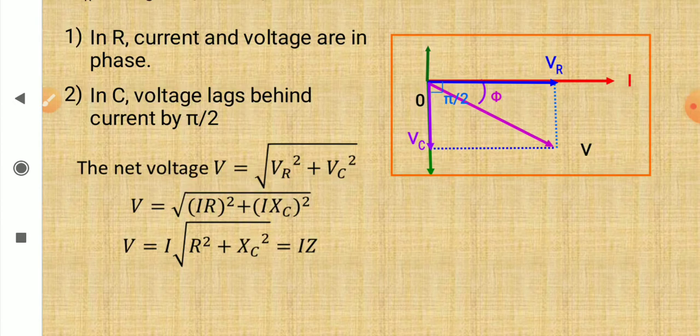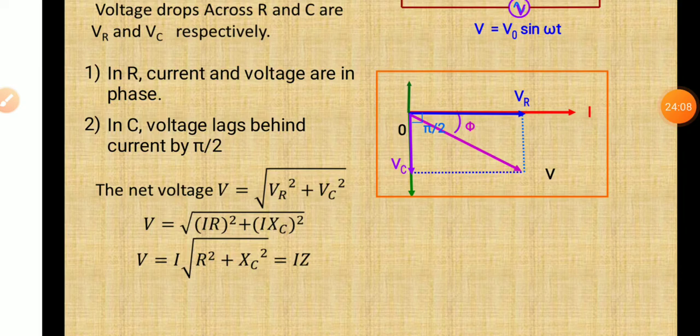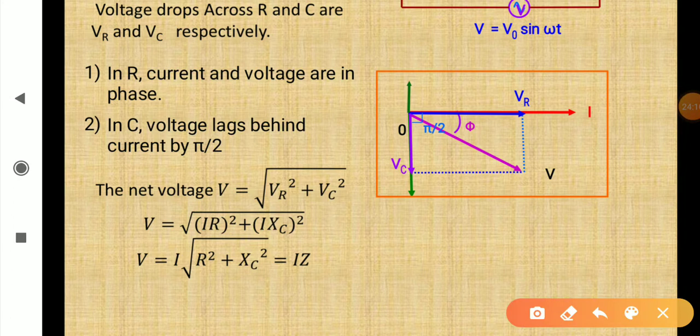So again using Pythagoras theorem, V is equal to under root VR square plus VC square. Put the value of VR and VC and take current outside, inside under root you will get R square plus XC square.